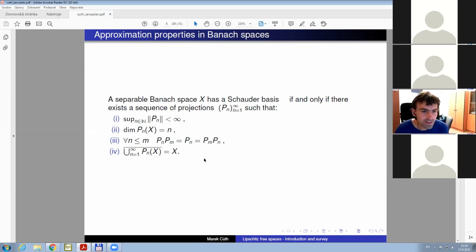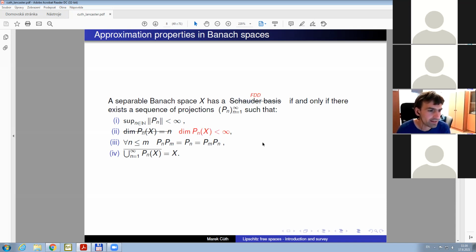Now we can weaken this notion of a Schauder basis in several ways. The first weakening is FDD, where in condition 2 you do not require that the dimension is exactly n, but you just require that the dimensions are finite. Then we have the notion of the pi property, where instead of this compatibility condition, we just require that the dimensions of the images of the projections are increasing.